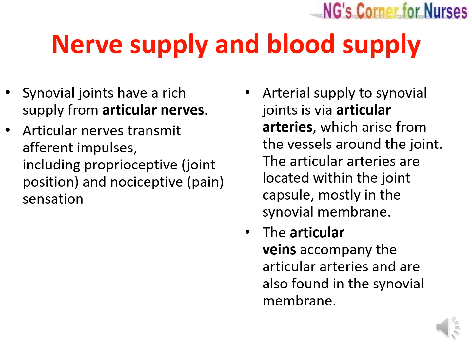And in case of blood supply, arterial supply to synovial joints is via articular arteries, which arise from the vessels around the joint. The articular arteries are located within the joint capsule, mostly in the synovial membrane. And the articular veins accompany the articular arteries and are also found in the synovial membrane.